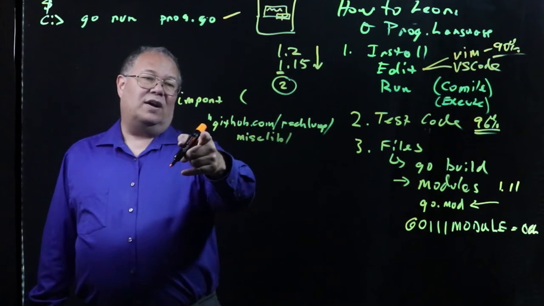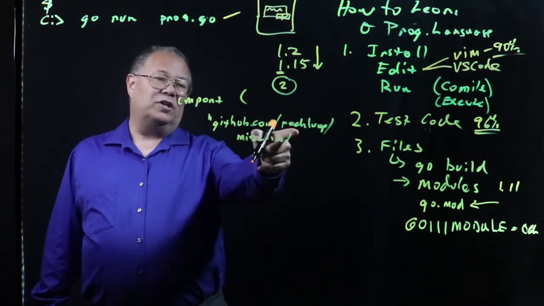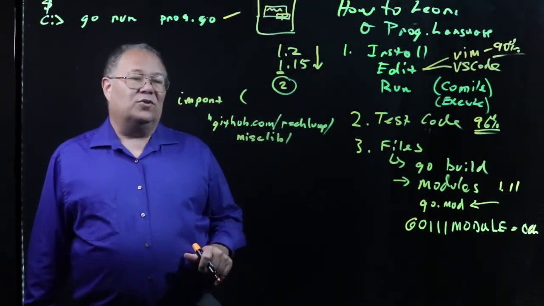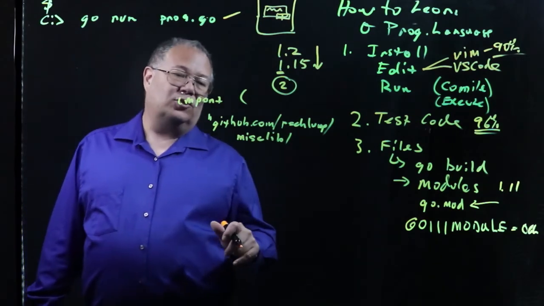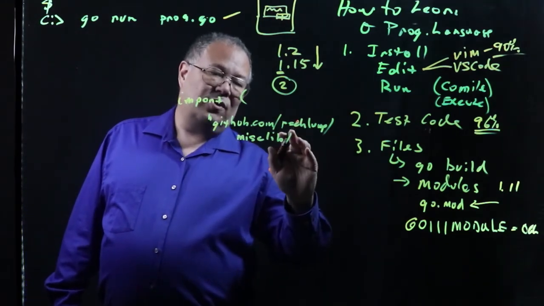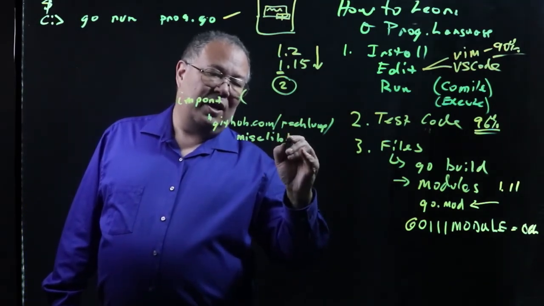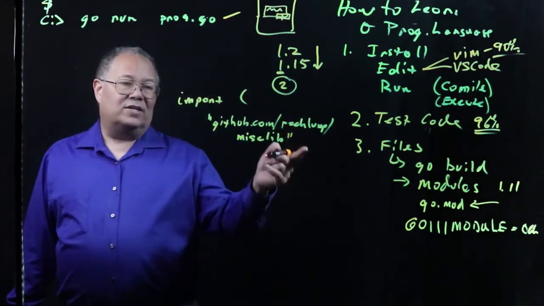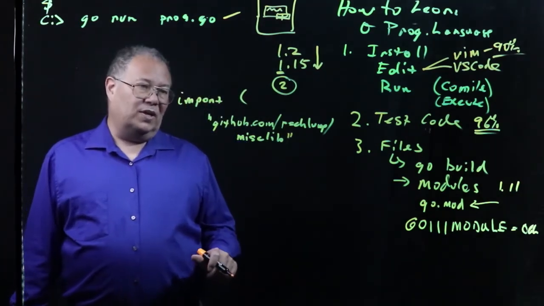If you go out to GitHub, github.com/pschlump/mislib, you get to the directory, or the package, where it is going to download stuff from. And this creates something in your code called mislib.